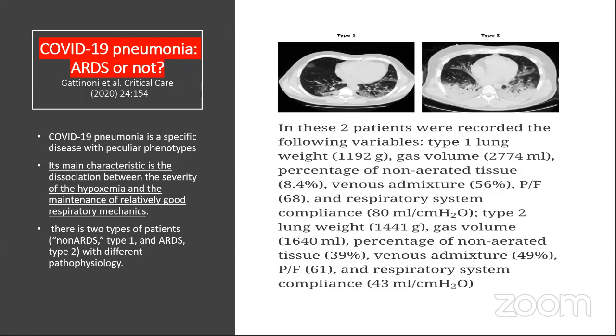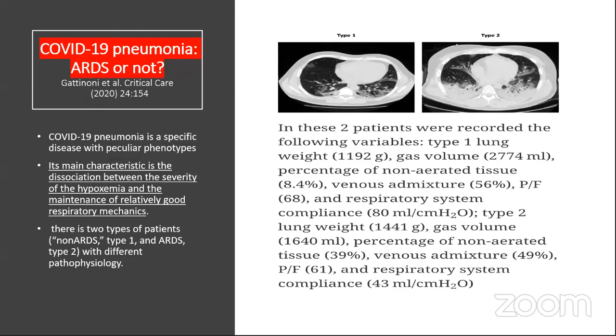So those type 1 patients do not need a recruitment maneuver because they have good areas of aeration. And the pathophysiology of type 1 is usually endothelial injury, which means that those patients have a lack of vasoconstriction of pulmonary vasculature secondary to severe hypoxemia. In spite of that, the lung parenchyma will be maintained apart from some ground glass appearance at the peripheral part. And this ground glass appearance is a reflection of subpleural edema.